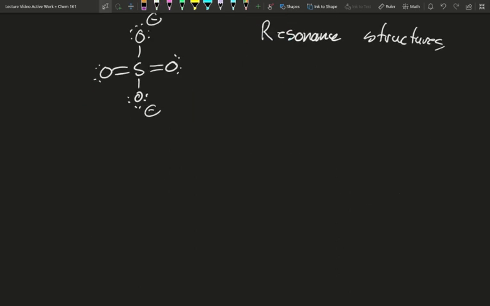Let's take a slightly smaller molecule for this one. Let's look at CO3 with a 2 minus. I'd have a carbon, 4 electrons on it, an oxygen, and an oxygen. And you'd start with your 6 standard electrons on the oxygens.